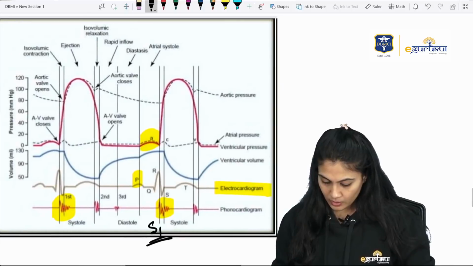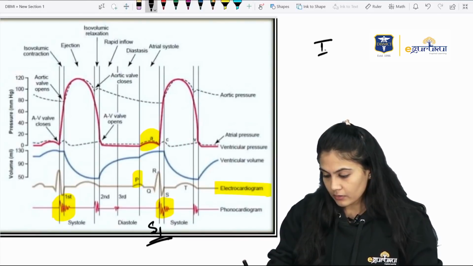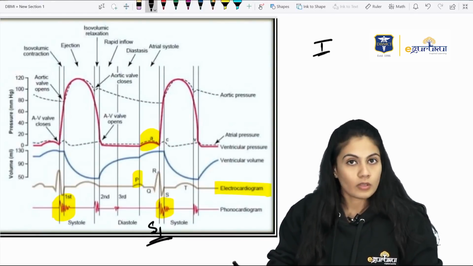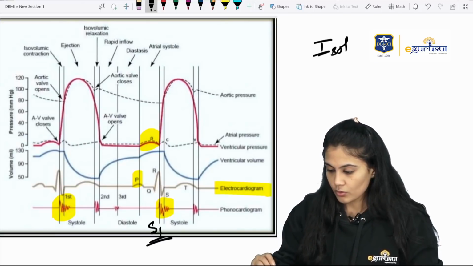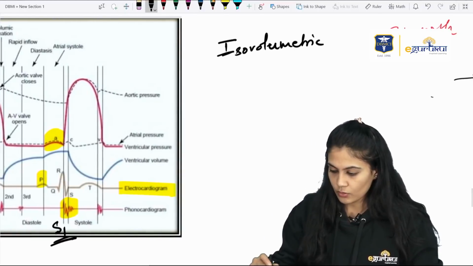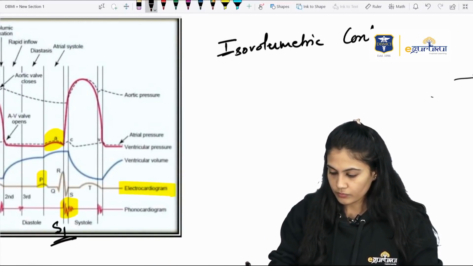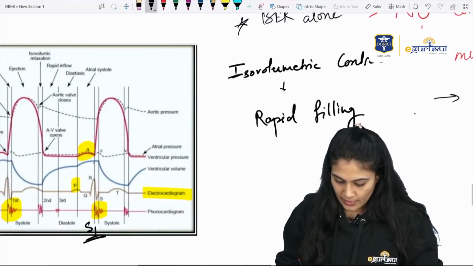That means, first of all, there are 3 major phases, that is isovolumetric contraction, then the rapid filling, and the A wave is there already.